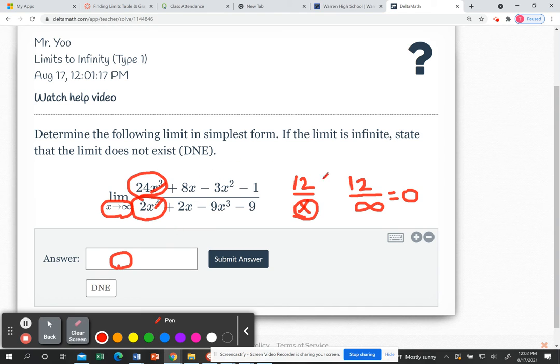What do you think happens if you have an x on the top and a number at the bottom like this? What if it was switched? What do you think will happen? Is this 0? Or is this infinity? Or is this 12 over 3?